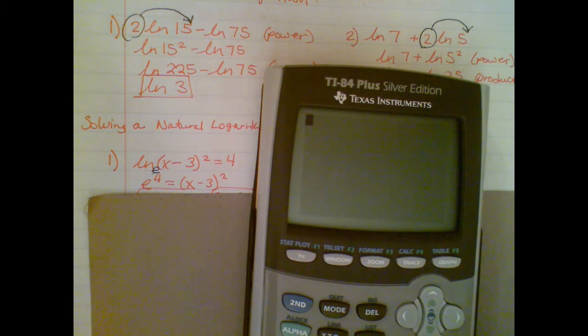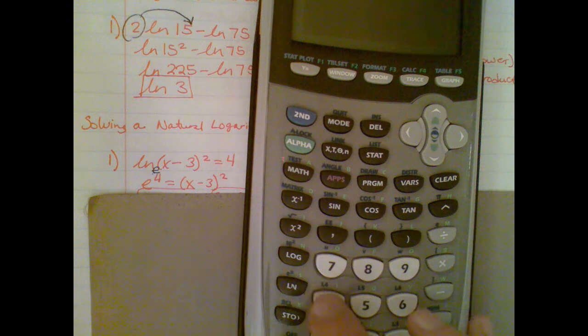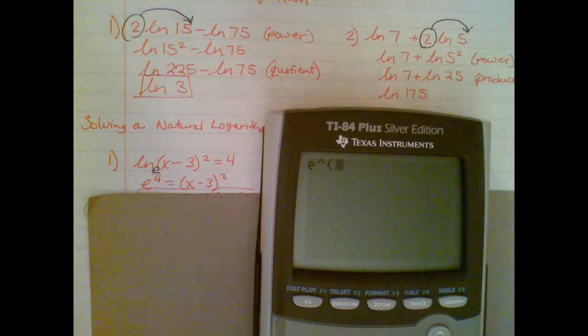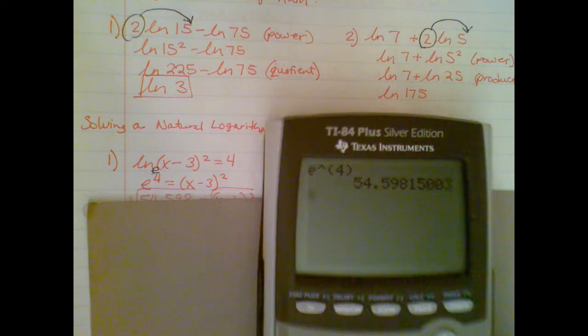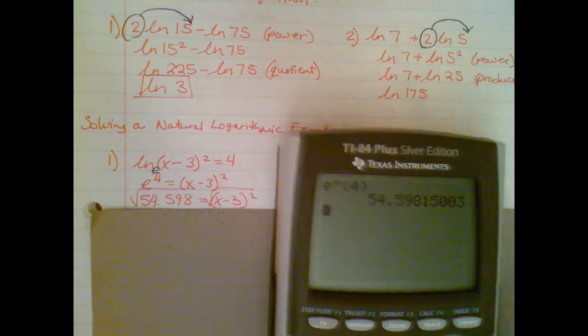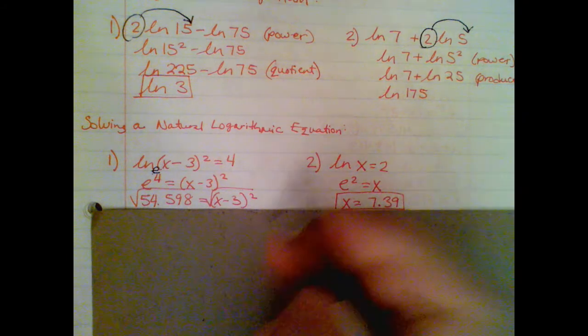The e button is kind of next to the 4. Notice it's above the ln button, so we need to click second and then that button. So we have e to the 4th power, and I'm going to write that as a decimal, 54.598, equals then my (x minus 3) squared.